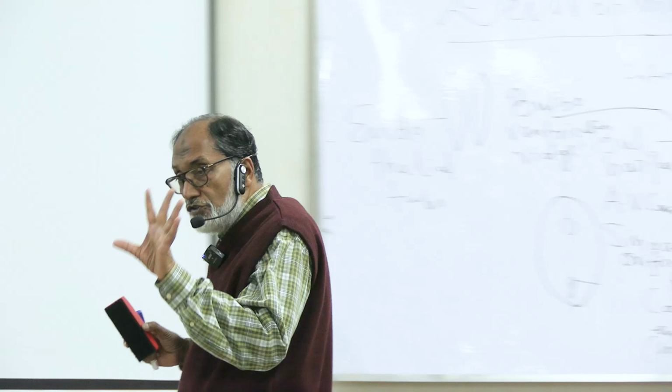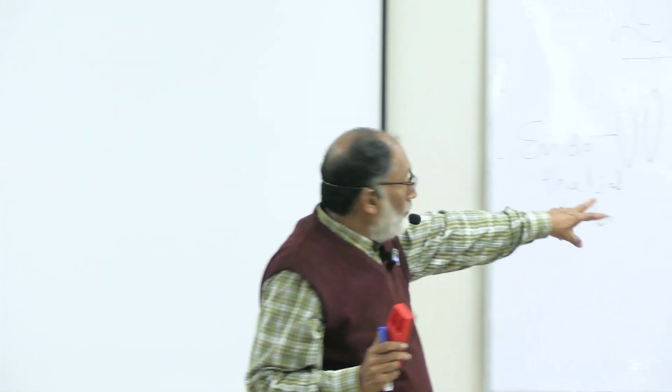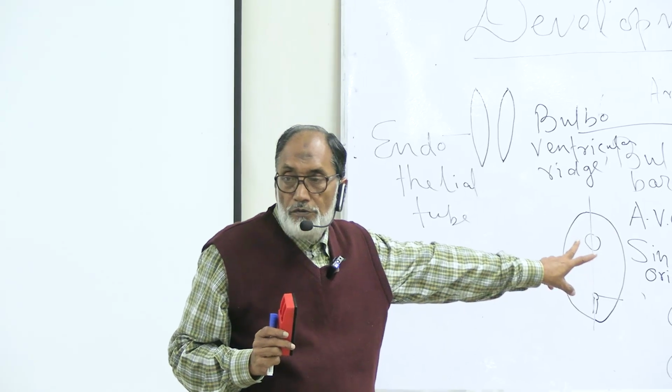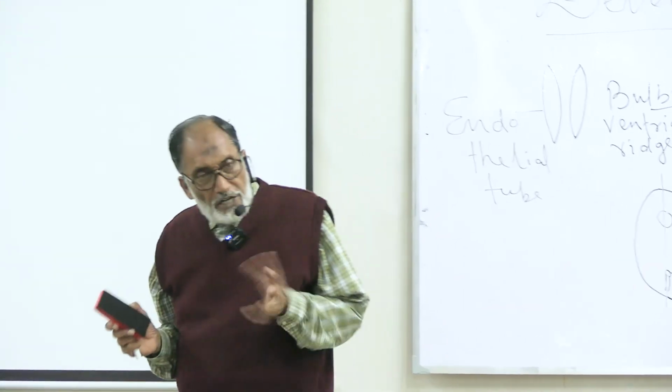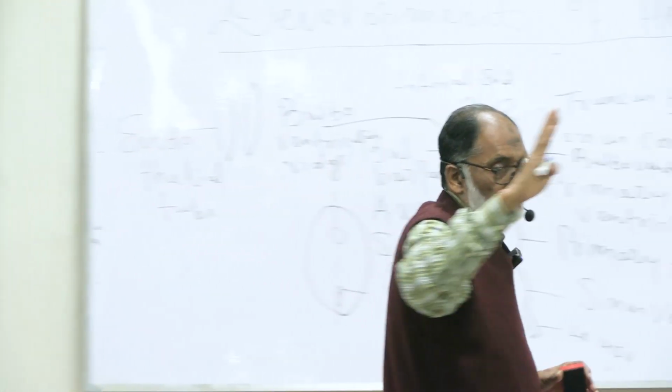Now, which chamber of the heart developed from this heart tube? Number 1, the primary ventricle. If you see the adult heart, within it you will see there is some rough part and some smooth part.